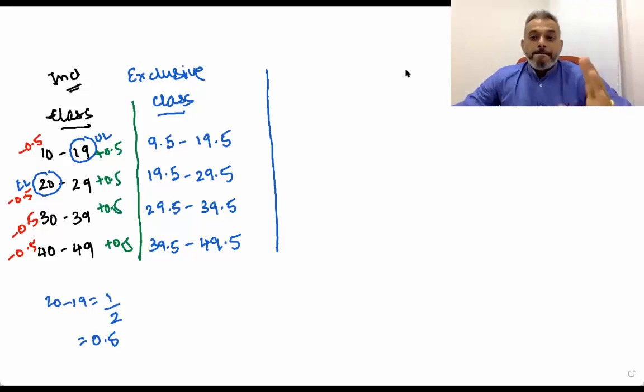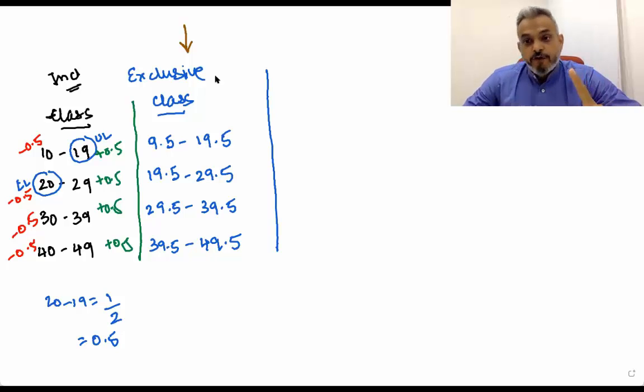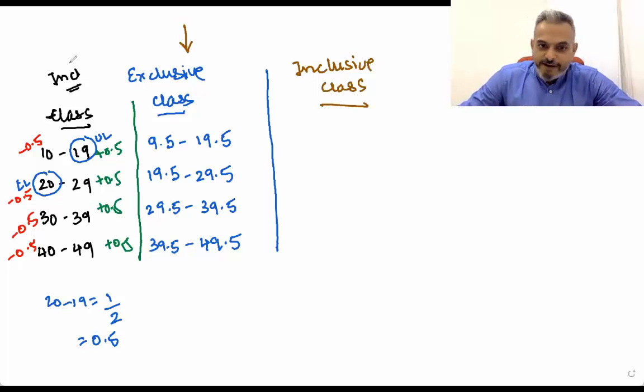Now, pay attention please. Now suppose you are given exclusive classes, and from exclusive classes you are asked to make inclusive classes. Earlier it was inclusive and we made it exclusive. Now let's say this portion is not there and you have to make inclusive classes.